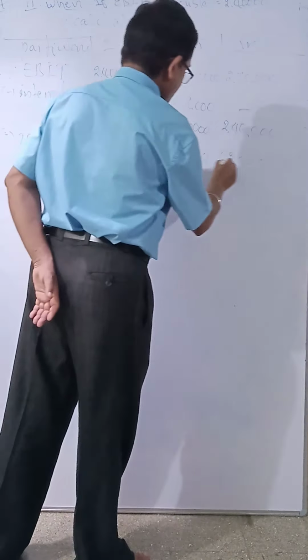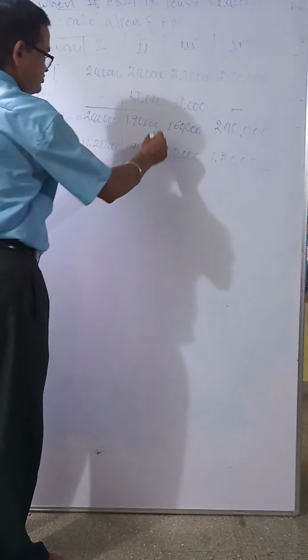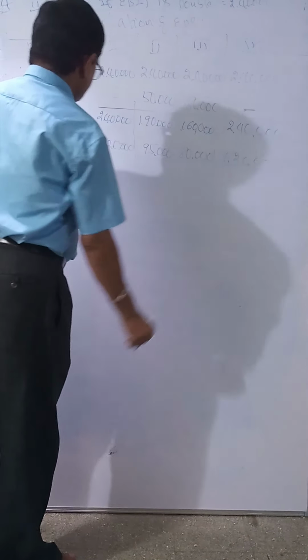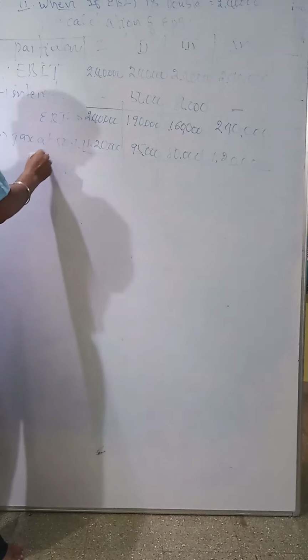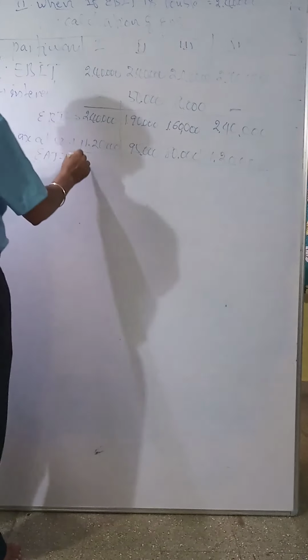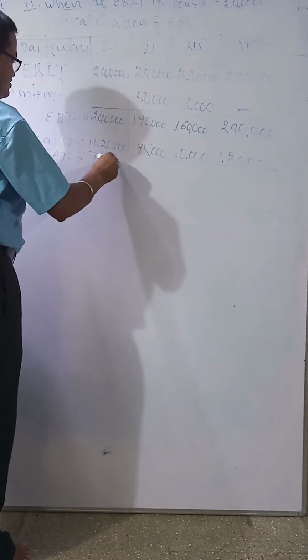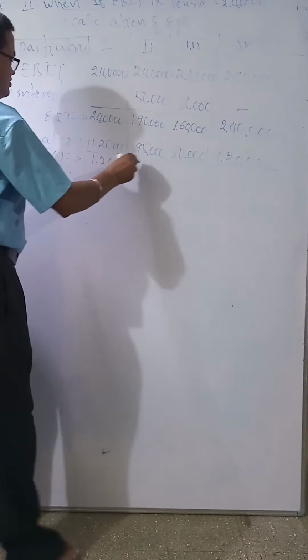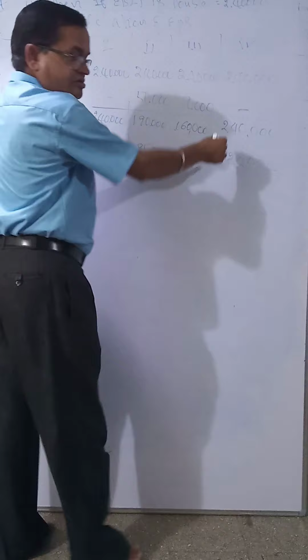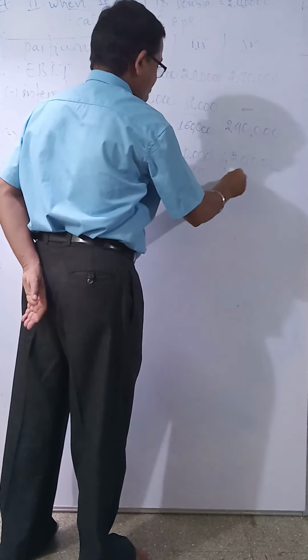Deduct, and then you will get EAT, earning after tax. This minus this, 1,20,000. This amount is 95,000. This one is 80,000. This minus this, 1,20,000.